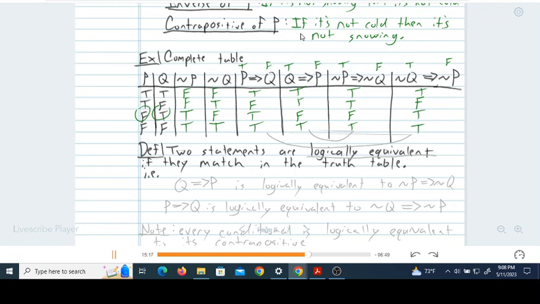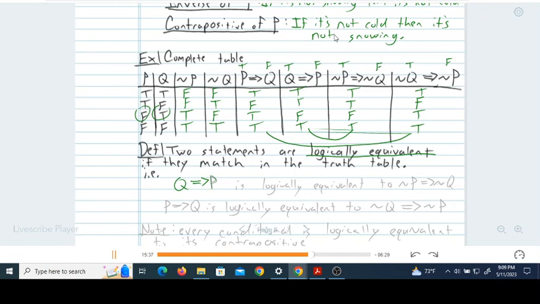Now here is where we introduce the definition of logically equivalent. Two statements are logically equivalent if they match in the truth table. Note that these two columns are identical and these two columns are identical.